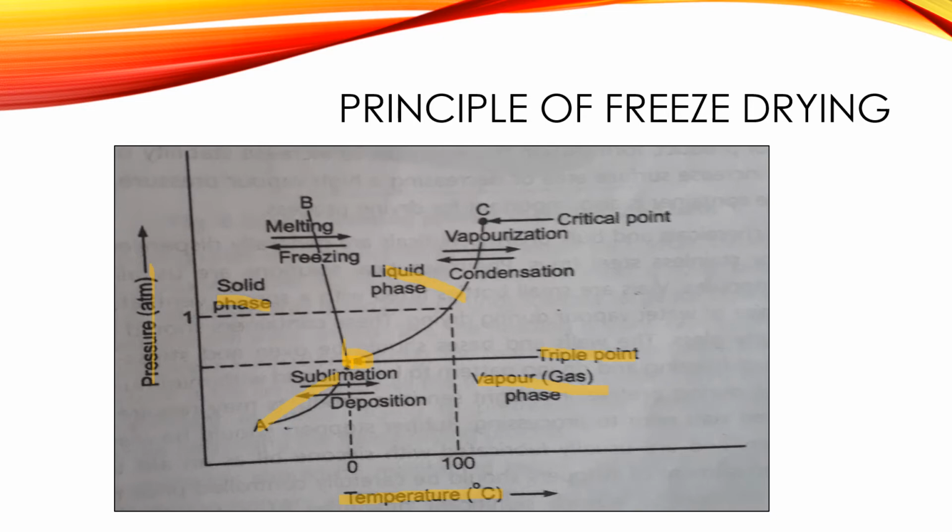Then the second step, that means desorption or secondary drying, means the remaining 5 to 10% moisture will be dried at this stage. Desorption will start, and the vapor pressure of water increases with an increase in temperature during the primary drying.